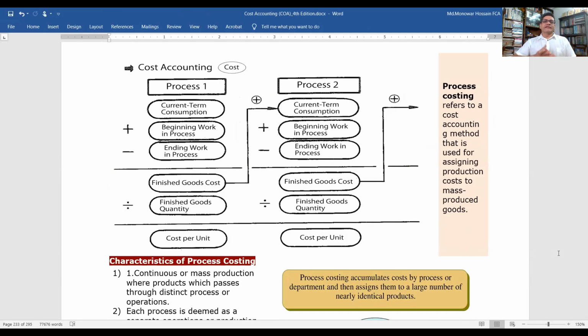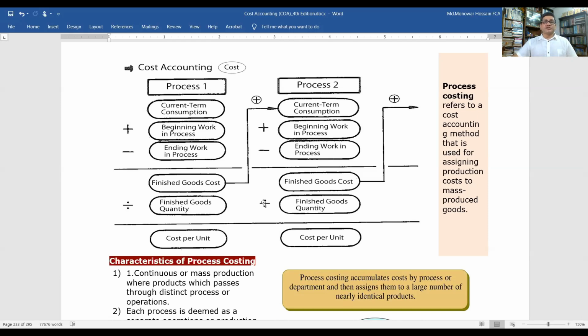In process 1, current period consumption plus beginning work in progress minus ending work in progress gives the finished goods cost. If we divide it by the finished goods quantity, we get the cost per unit in process 1.